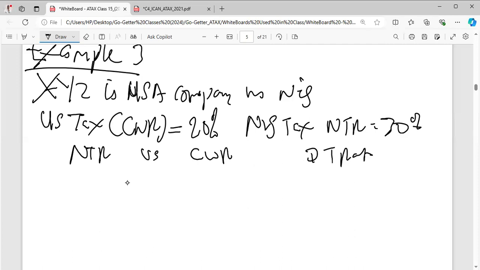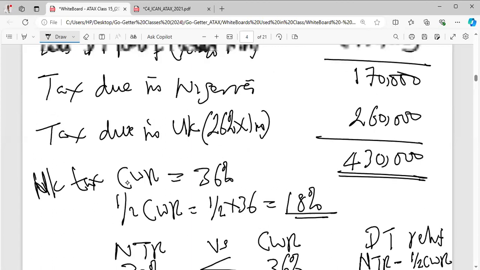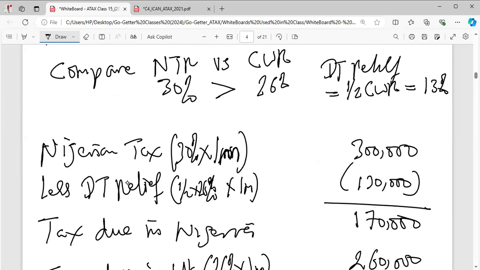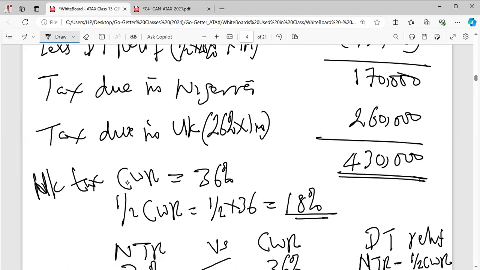So this is 30%, this is 20%, and we said we're going to use half of the US rate. So let's see what's going to happen.